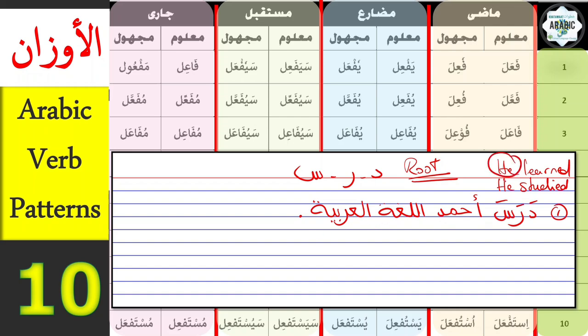And when you're saying he, you're referring to the verb darasa, but you're not necessarily saying huwa darasa Ahmed. You're just saying darasa. And Ahmed is the subject. So what you're saying here is Ahmed learned or studied, learned the Arabic language.